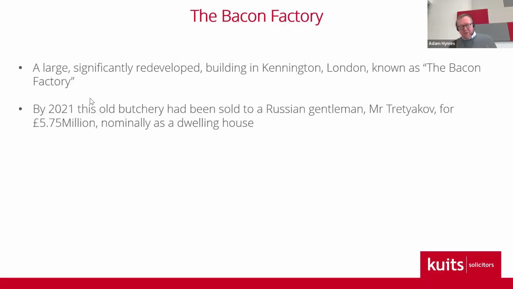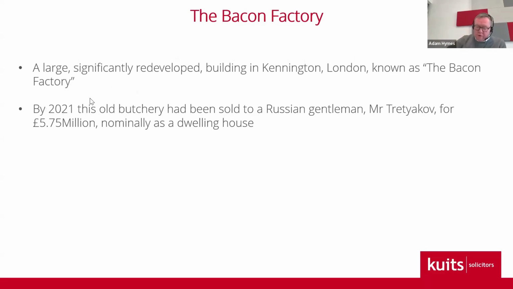So the Bacon Factory, as I say, slightly amusing perhaps terminology or title here. The property in question was a large, significantly redeveloped building in Kennington in London, known as the Bacon Factory. And as the name suggests, it was originally used for industrial curing of meats.